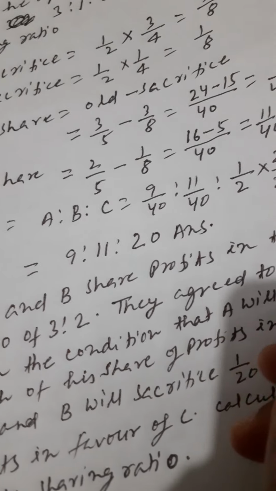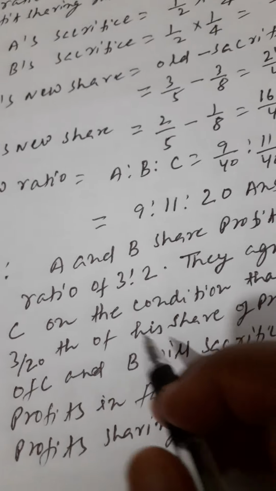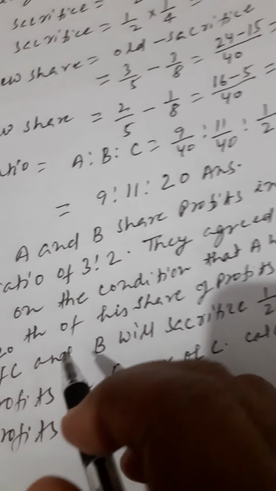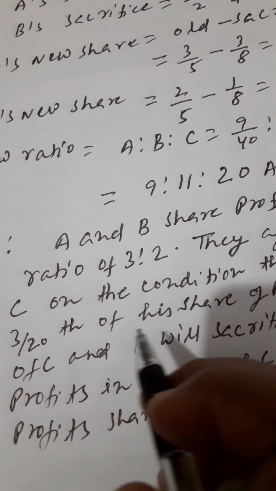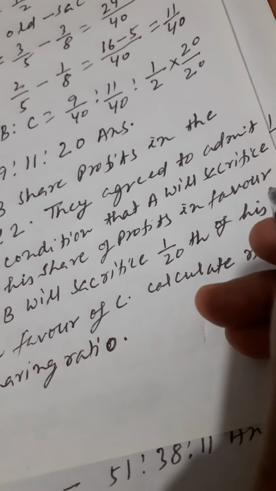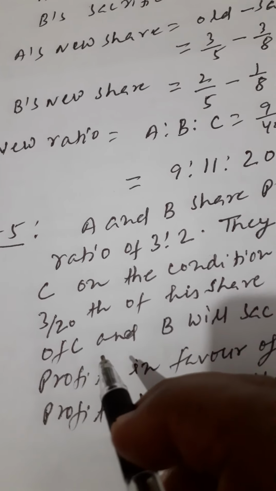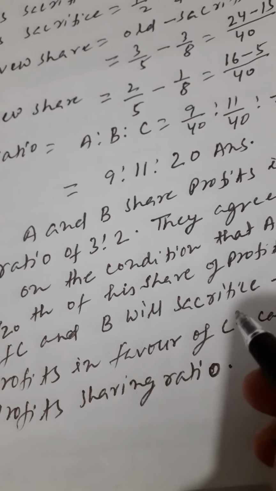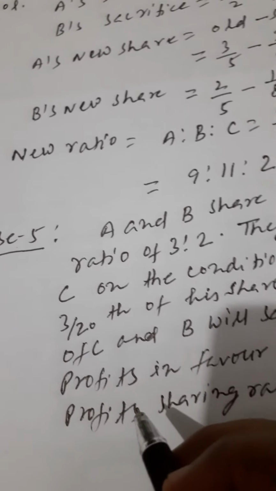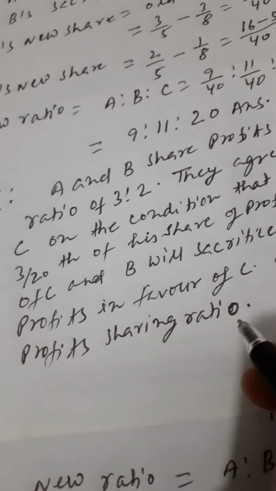They agreed to admit C on the condition that A will sacrifice 3 by 20th of his share of profits in favor of C, and B will sacrifice 1 by 20th of his profits in favor of C. Calculate the new profit sharing ratio.